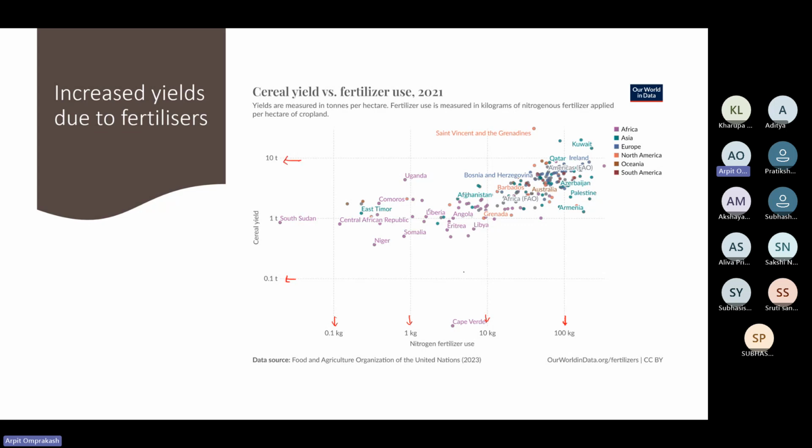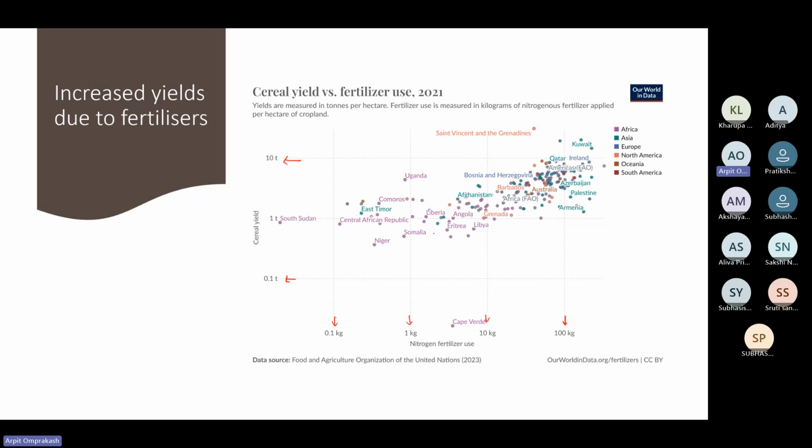So this is a logarithmic graph where each line is basically 10 times the line before. It's not increasing in a linear fashion. Now here we see that for different countries, we have plotted how much fertilizer they are using and how much cereal is yielded.